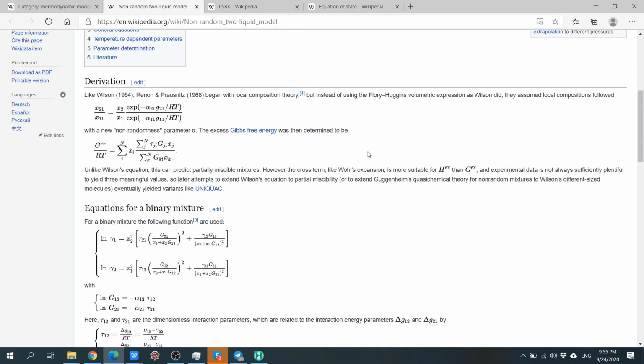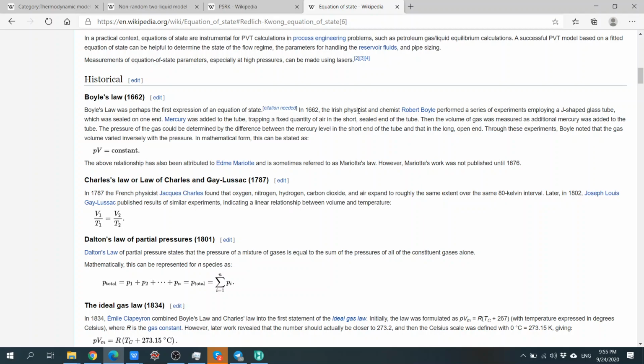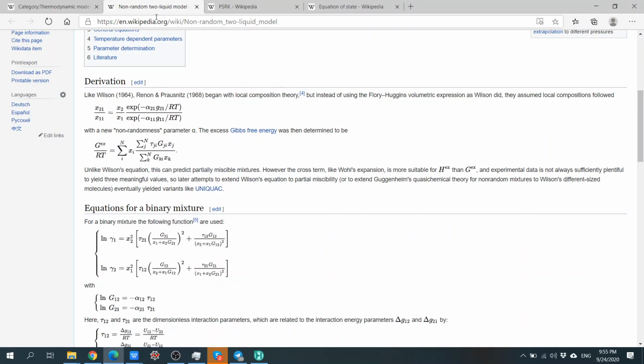Because equations of state were primarily developed to approximate the behavior of gases, while activity coefficients were primarily developed to estimate the behavior of liquid mixtures, more like non-polar or non-ideal mixtures.